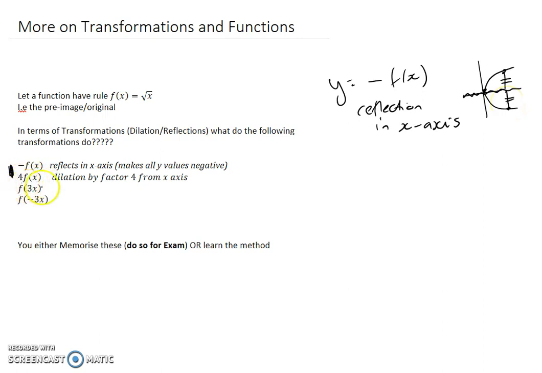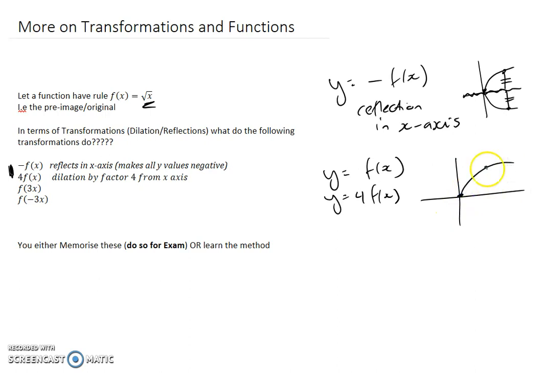Okay, the next one says dilation by a factor of 4 from the x axis. So again, I think it's sort of easy to see. If y equals f of x is root x, and you then do 4 times f of x, what you're doing is you're taking every single xy coordinate and multiplying the y value by 4. So for example, 1, 1 would become 1, 4.